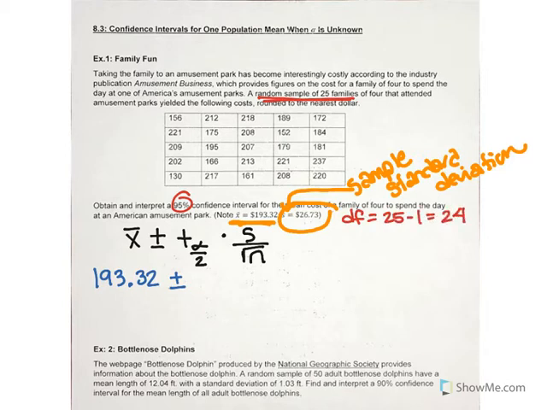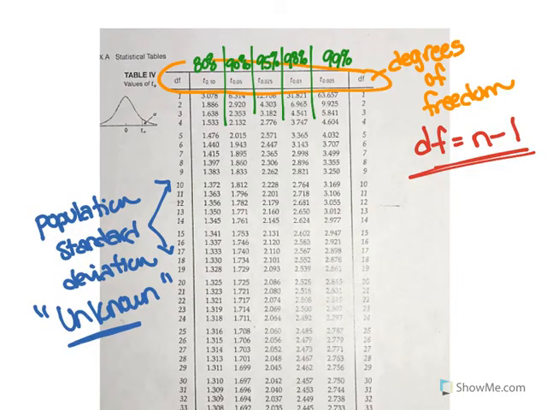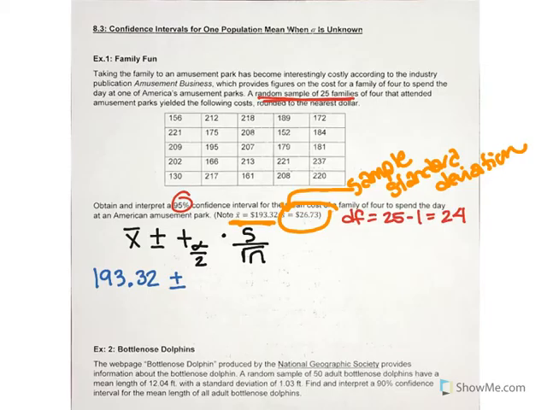So we got to be on row 24. So we're looking at 95%, making sure it does say 95%, which means the third number on row 24, which would be here, okay? That's your Z-score, 2.064.